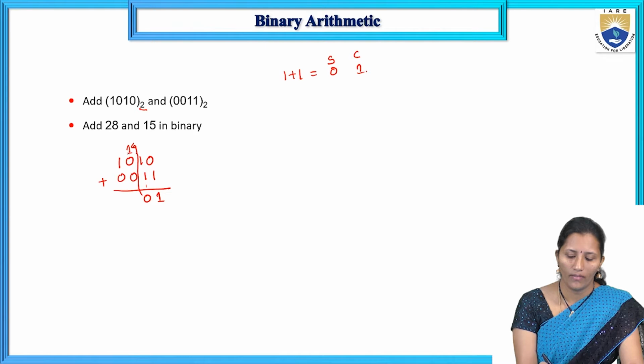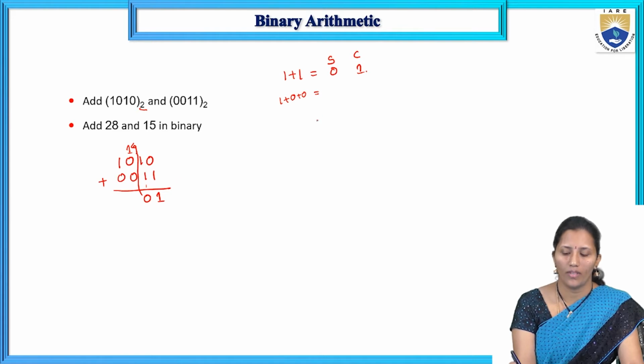In the third step, we have 1 plus 0 plus 0, which is 1. So the sum is 1 and carry is 0.